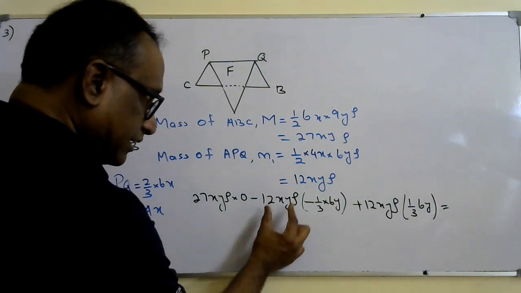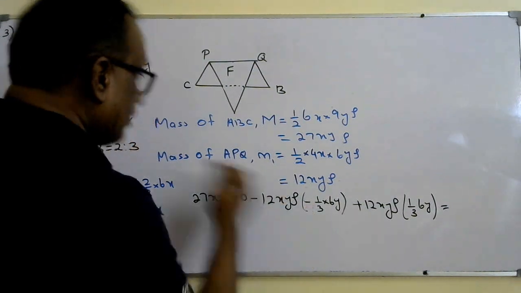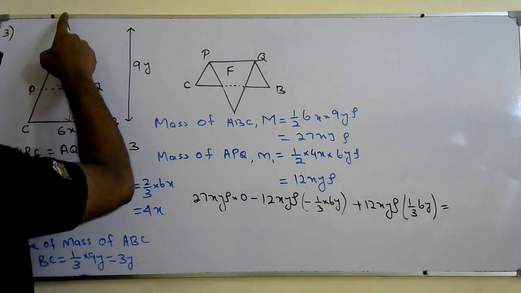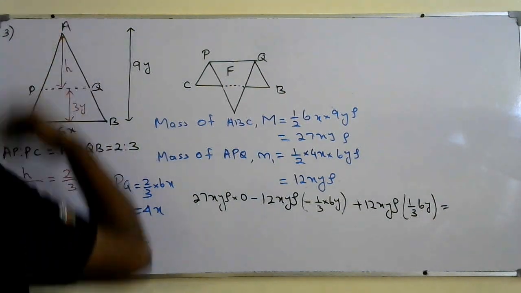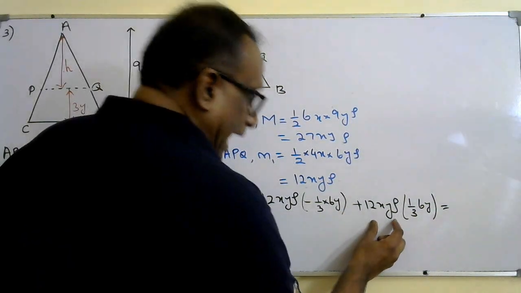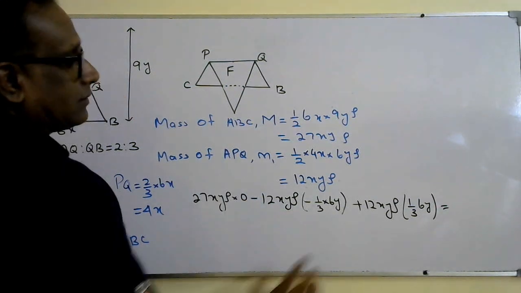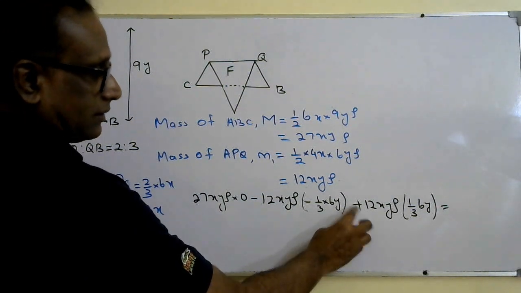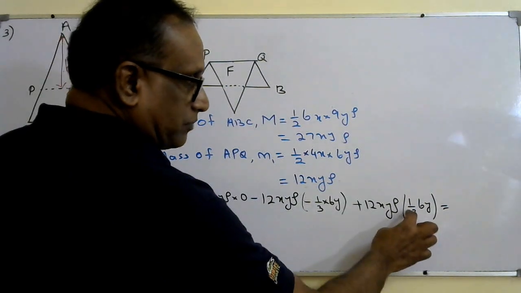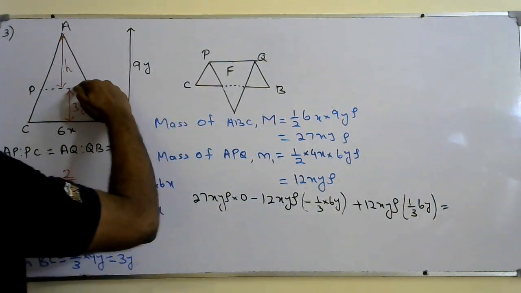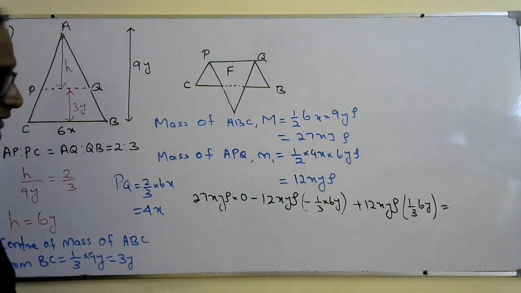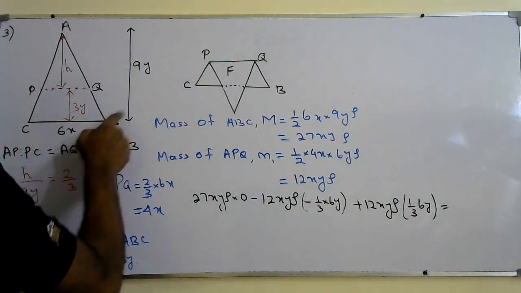This minus sign indicates removed. This minus sign indicates the other side, since the center of mass of APQ is on the upper side. This plus sign indicates we are adding the triangle again, attaching that mass. This center of mass is written positive because from here we are taking the downward direction positive. Okay. Now from the triangle we removed it.